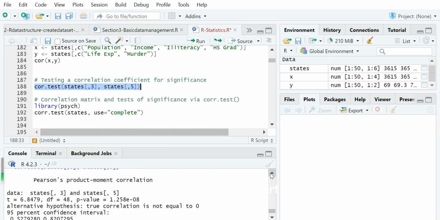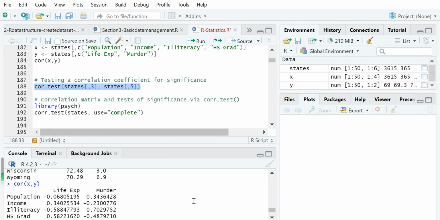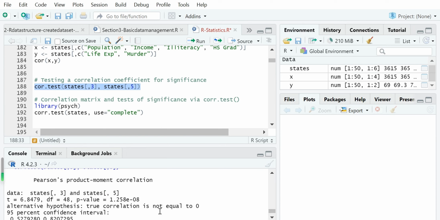And in the first part, it also shows the t-statistic, because the significance test is based on a statistic called the t-test. In the t-test, the value is 6.84, with 48 degrees of freedom, and the important value is called the p-value.